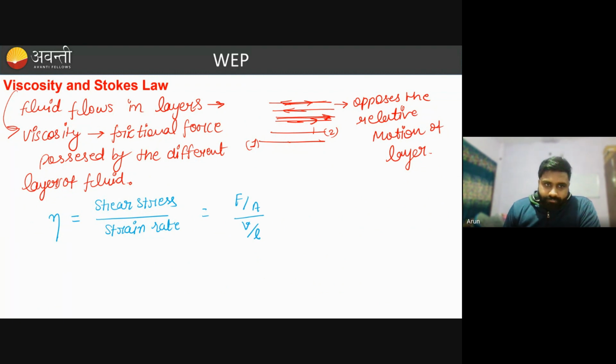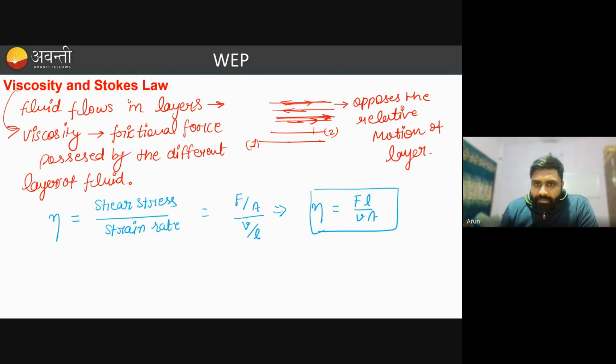So eta is nothing but FL over VA, where A is the area of cross section. The unit of it will be poise. Okay. This is the unit. Got it?